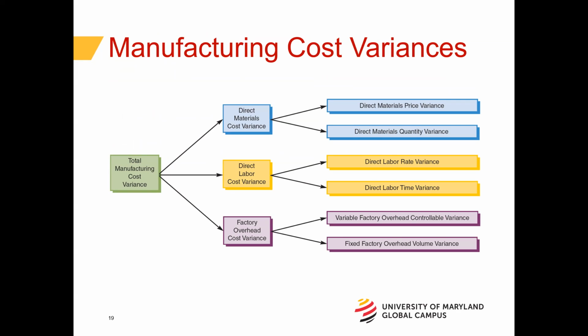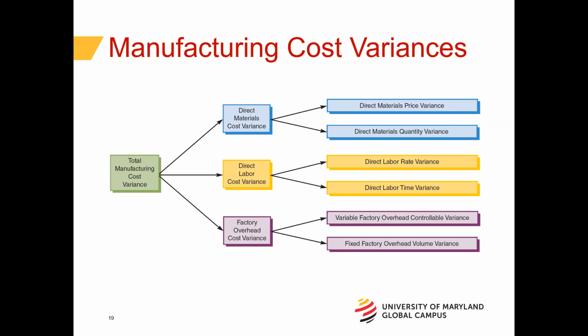Remember when we were talking about activity-based costing some time ago? We broke everything out by activity. This is similar in nature because we are breaking it down to the granular level. To find total manufacturing cost variances, we break out direct materials, direct labor, and factory overhead with respect to their cost variances.